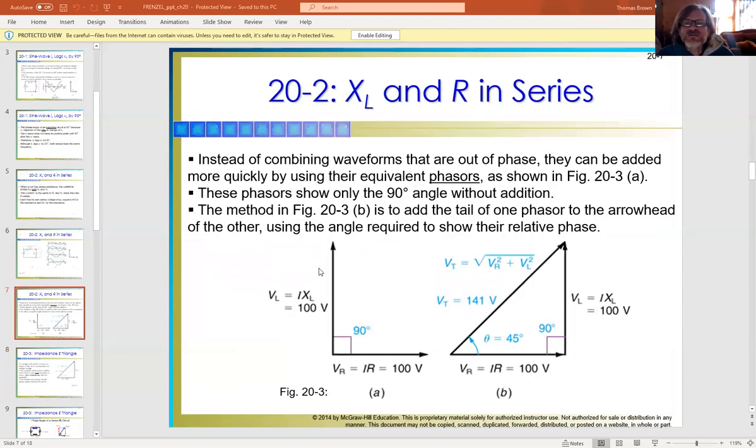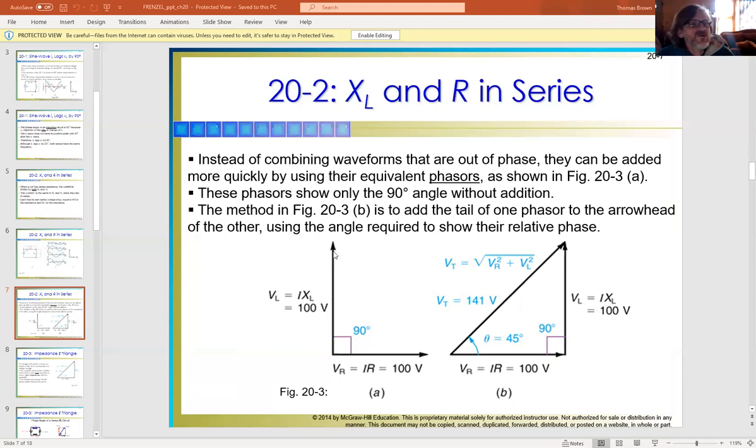So now we examine the phasor diagrams, if you will. So same deal. We're still using Pythagorean theorem. Okay. So yeah, and it's much easier using the phasors.